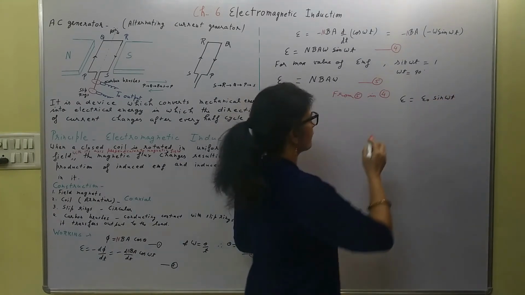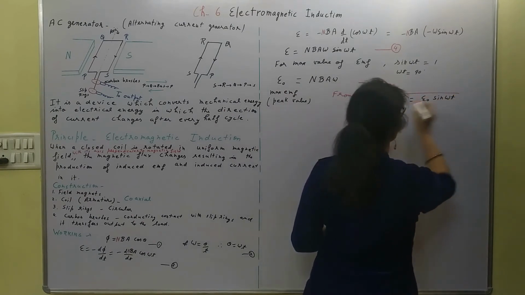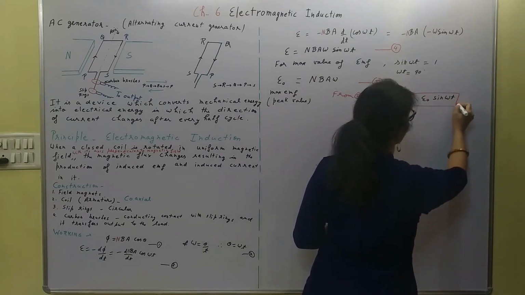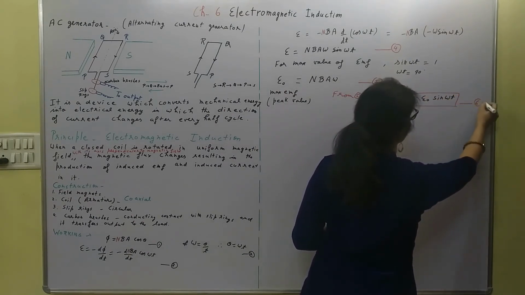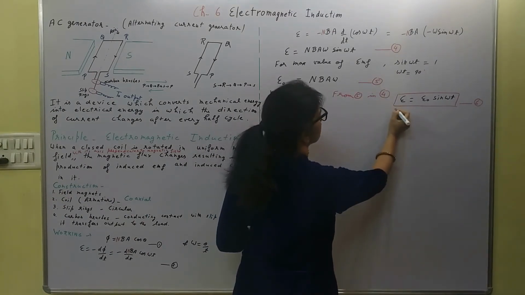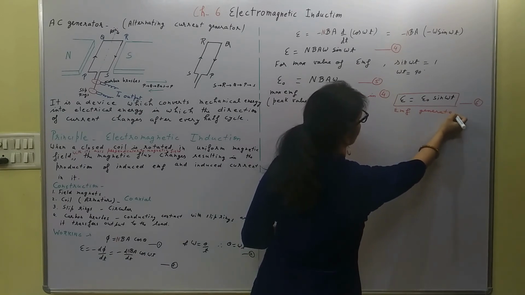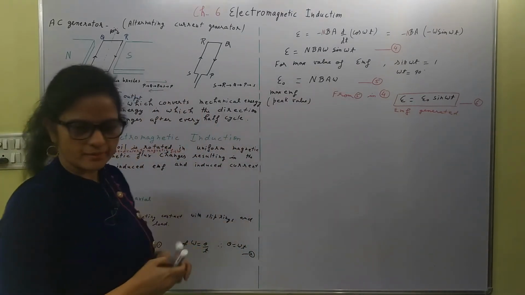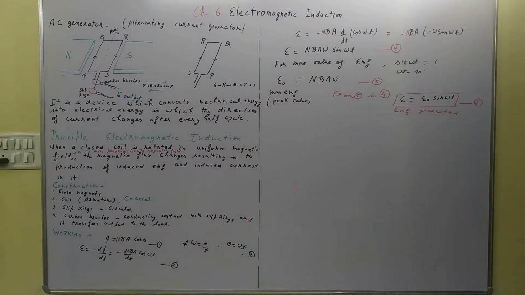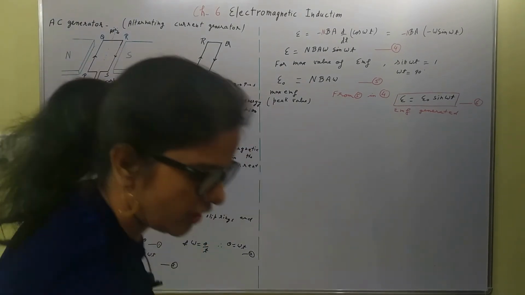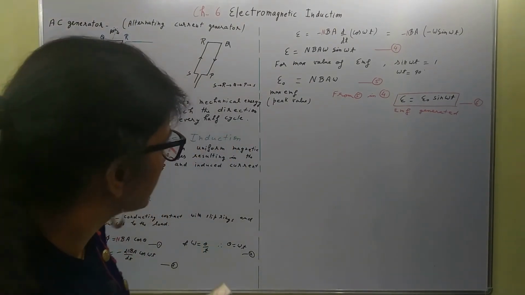So this is our final expression for the EMF generated by the AC generator, right? Now we can draw the graph for the variation of EMF with time.